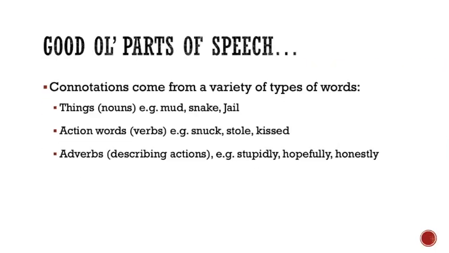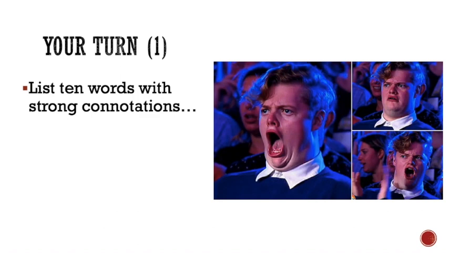I want you to please list your own 10 words that have strong connotations on your sheet of paper under number 1. So, one of them might be revenge. One of them might be sunshine. If you're struggling, feel free to use those too. So, listing 10 words that are loaded with strong connotations. Pause this when you're ready. Hit play when you're ready to start.